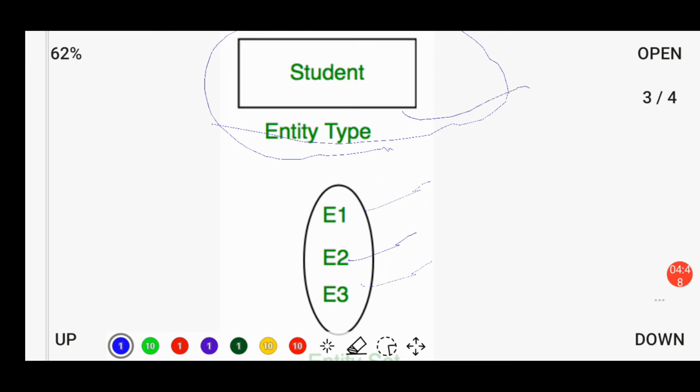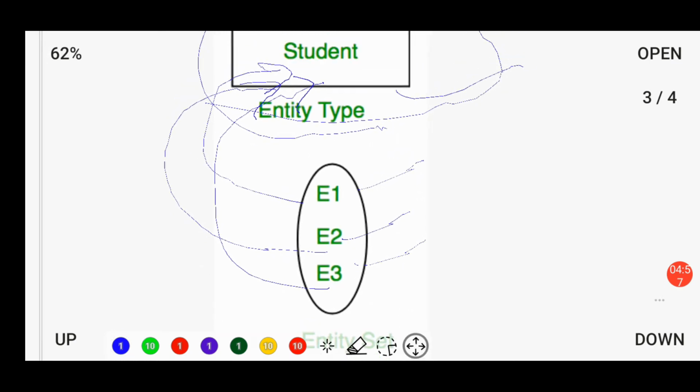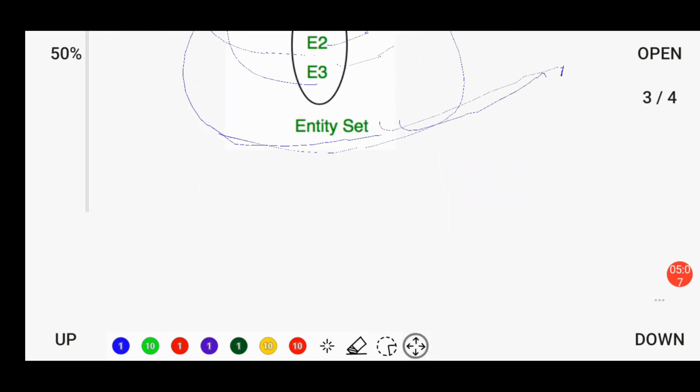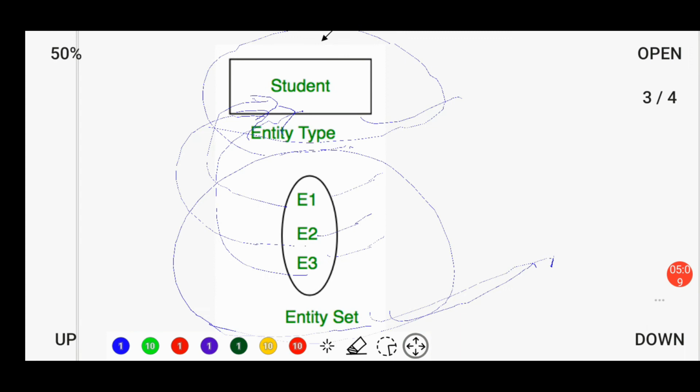E1 is a student, E2 is a student, and E3 is a student. All three have the same entity type, that is student, and the group of all these three is known as the entity set.